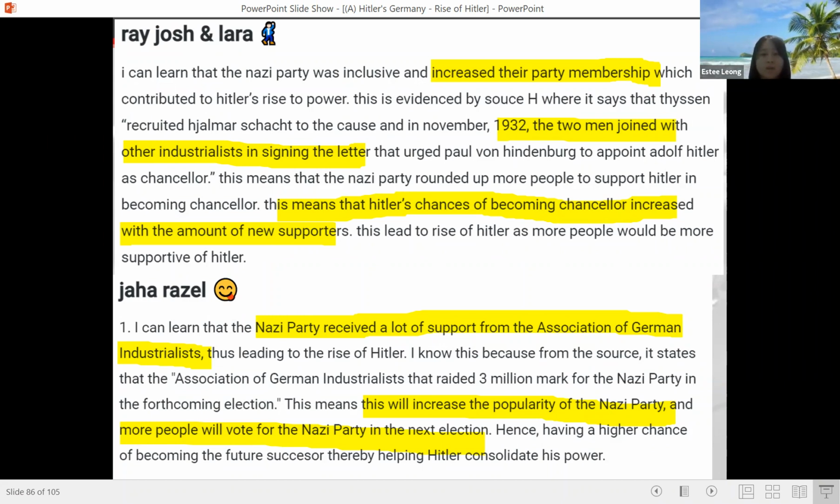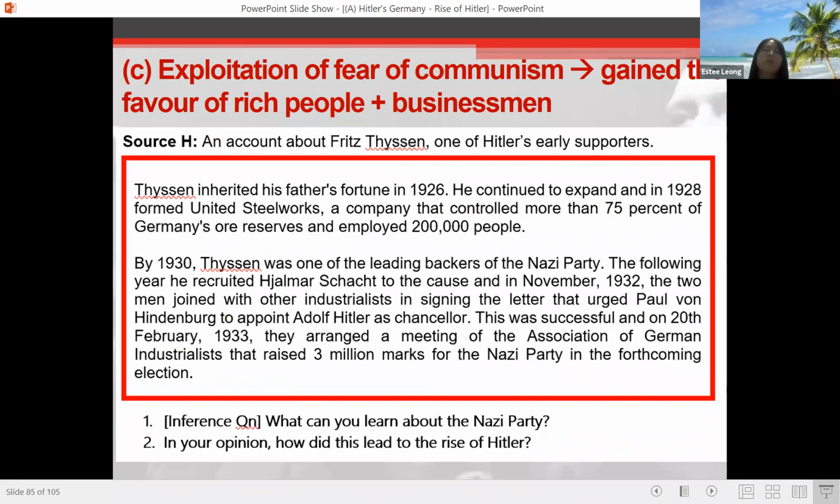And I think this source is also important when we think about the exploitation of fear of communism. Hitler says, if you support the Communist Party in Germany, this will result in negatively affecting the rich people and the businessmen.